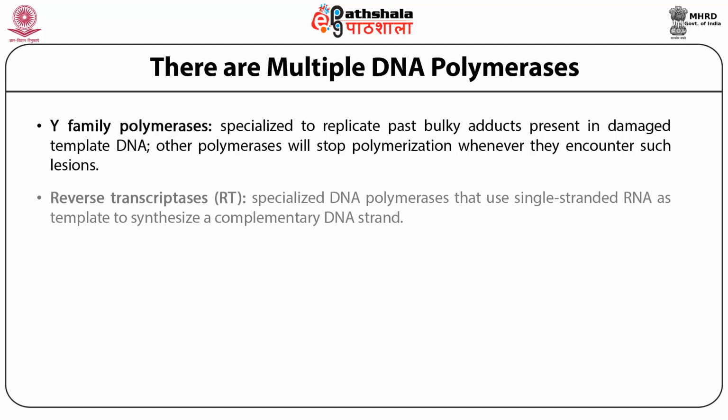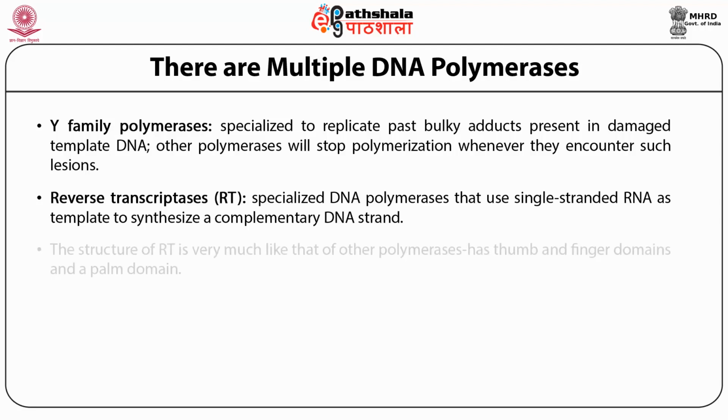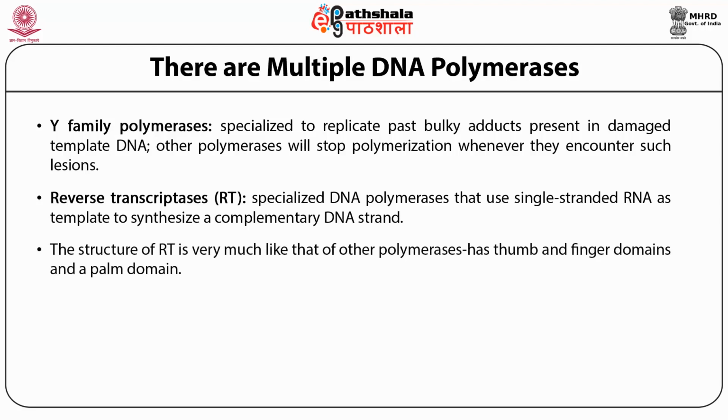Reverse transcriptases, they are specialized DNA polymerases that use single-stranded RNA as a template to synthesize a complementary DNA strand. The structure of reverse transcriptase is very much like that of other polymerases, and it has thumb, finger domains, and palm domain.